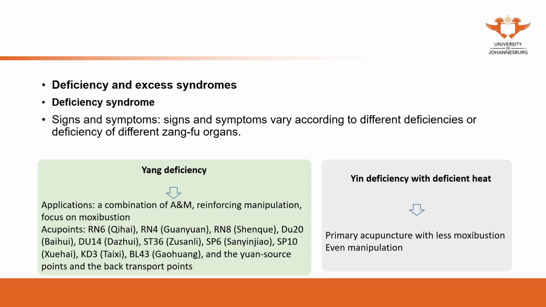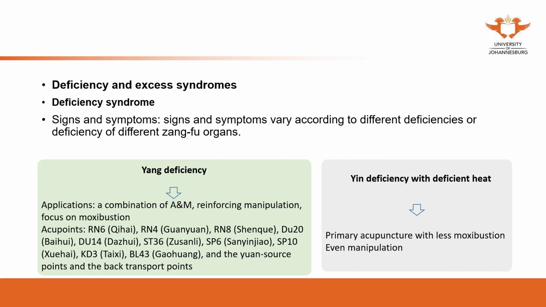Stomach 36, Zusanli, Spleen 6, Sanyinjiao, Spleen 10, Kidney 3, Bladder 43, and the yuan source points, as well as the back shu points. Here, a few points with their Chinese names. Ren 6, Qihai: we have mentioned it quite a few times.